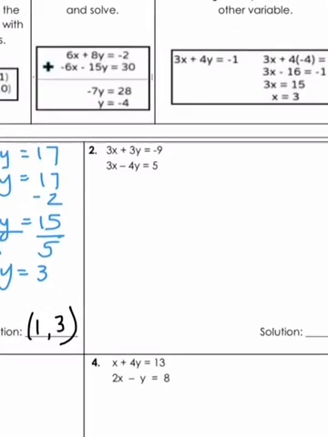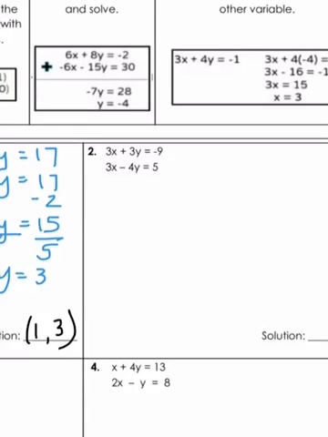All right, let's look at number 2. Okay, so number 2, we have a 3x and a 3x, and then we have a 3y and a negative 4y. So what we have is the same number for the x's, but they are not opposite.